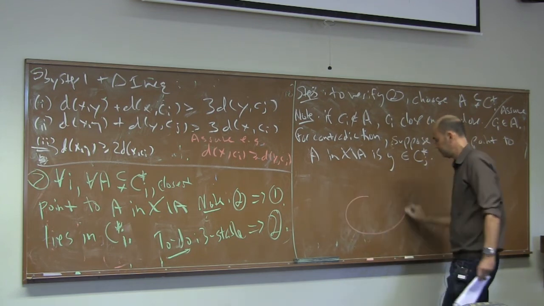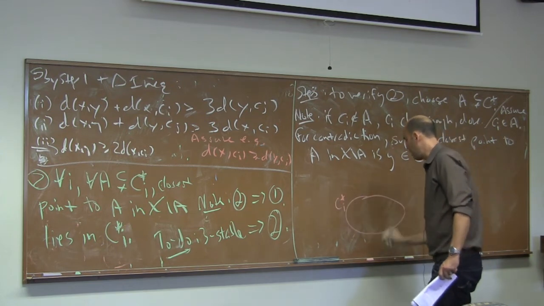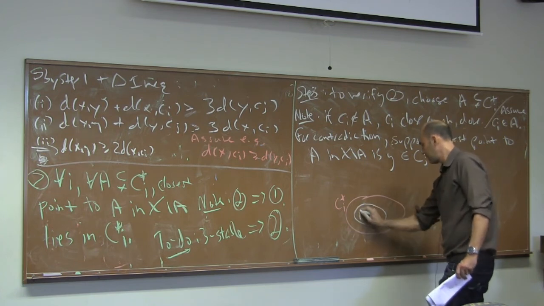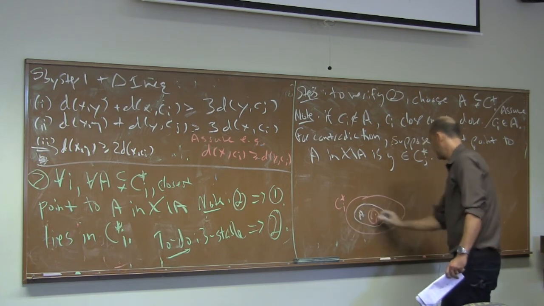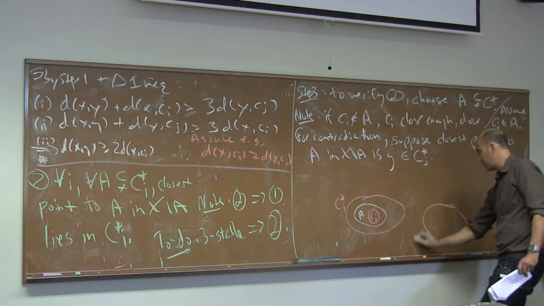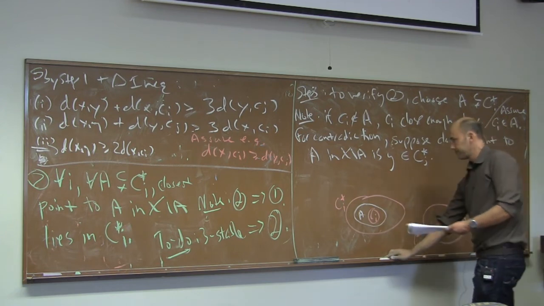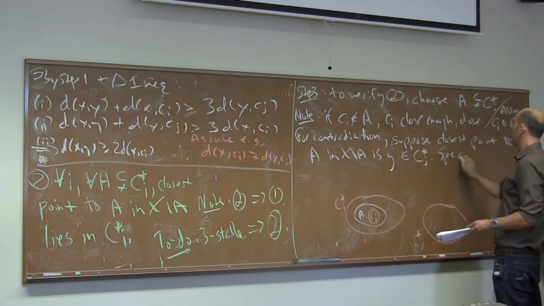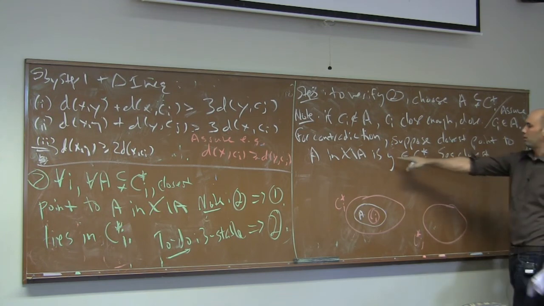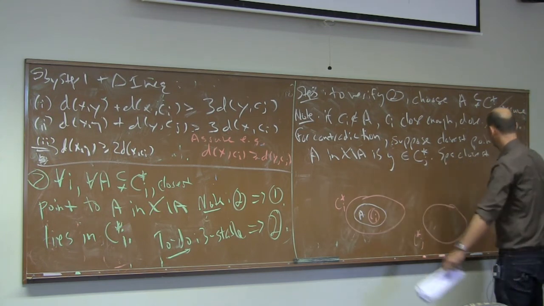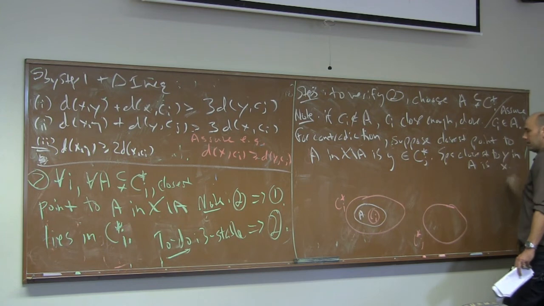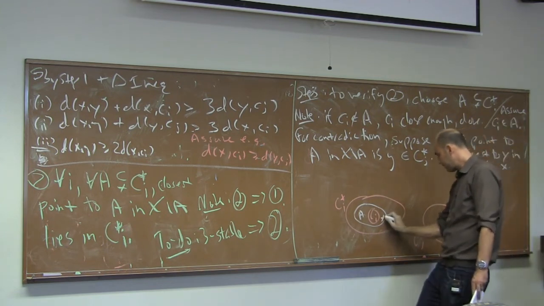So we have C star I, we have Ci, we have A, we have C star J. And then suppose X is the closest point to Y, anywhere in A. Suppose closest to Y in A is X. So we have X right here.